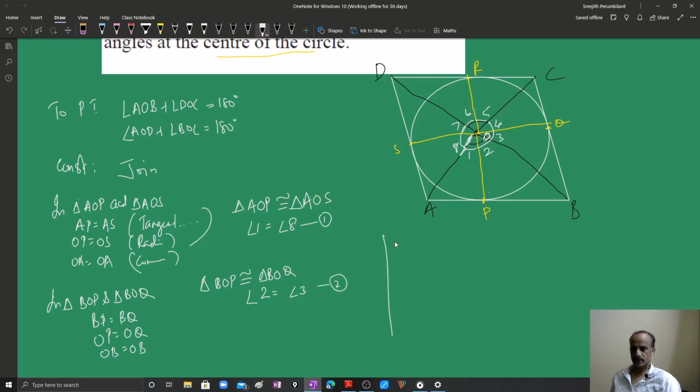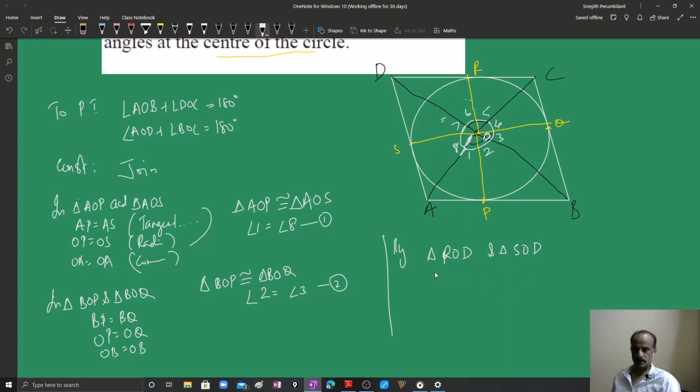Similarly, I'll take these two triangles, triangle DOR and triangle SOD. We can write that RD is equal to SD, these two are equal tangents, these two are radii, and this is common.